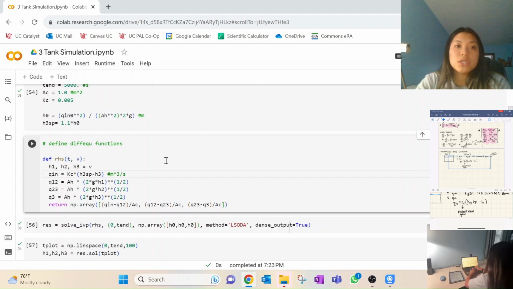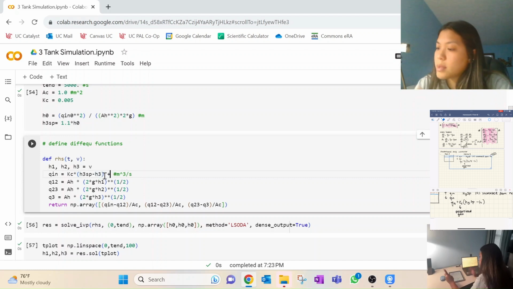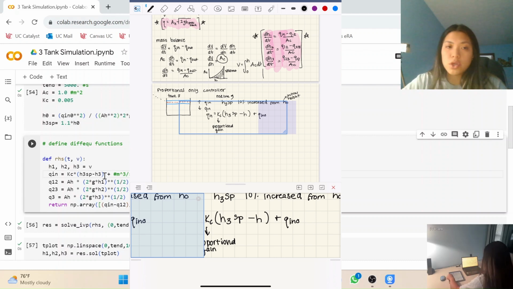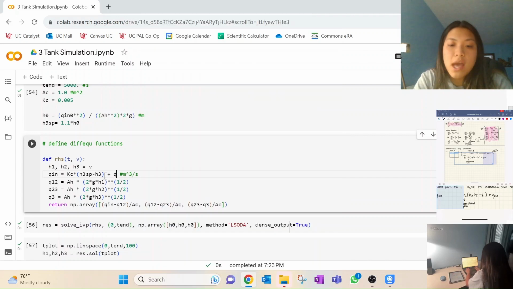And so how we change that is, going back to our equation here, we have to add in the initial flow rate. Because if not, it's just going to be like a new flow every time. It's not going to have any sort of meaning to the system unless we have some sort of meaning with the initial flow.